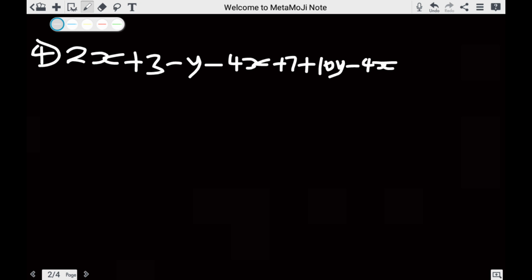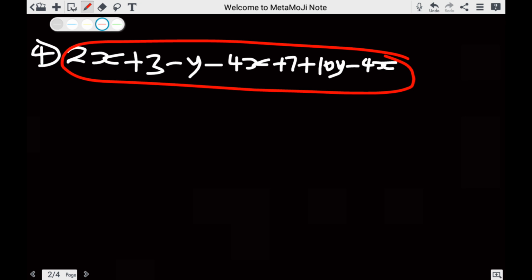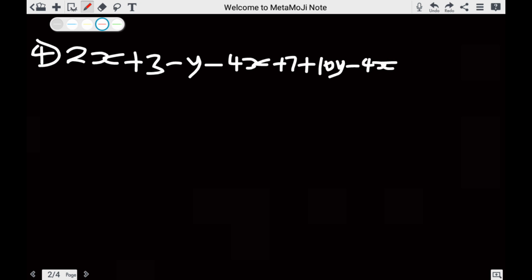So how can we get the exact simplification of what you see here? How can we do it? The first thing is to rearrange the expression. You want to rearrange it in such a way that the like terms are grouped together, and the unlike terms are grouped separately from the like terms.